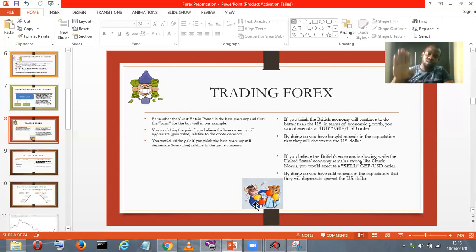And once the market is going up, it means the US dollar is buying against the Nigerian naira. The US dollar is appreciating against the Nigerian naira. It has always been that way since I was born. So it is a bullish market. It is a buying market. Remember that: another word for a bullish market is a buying market.